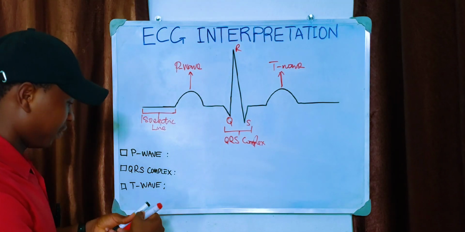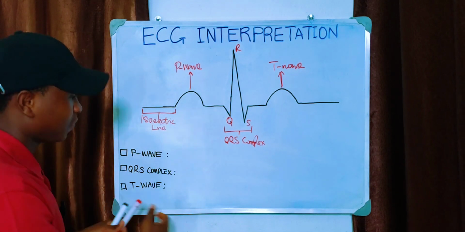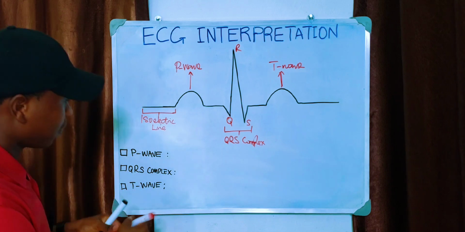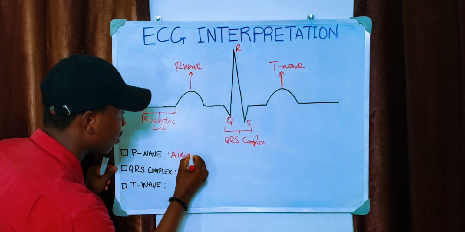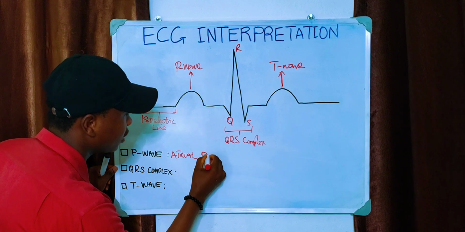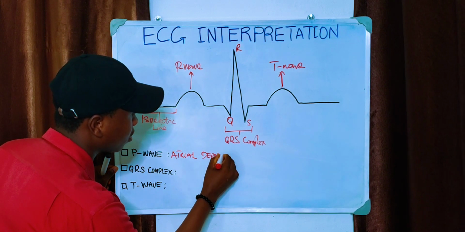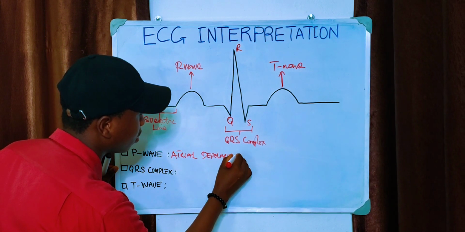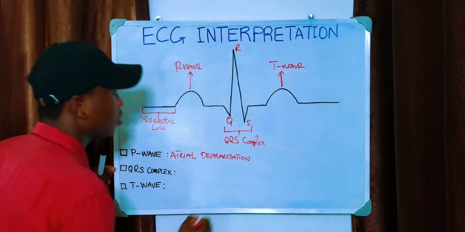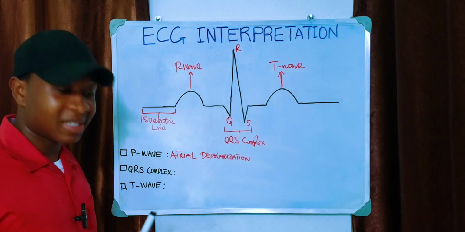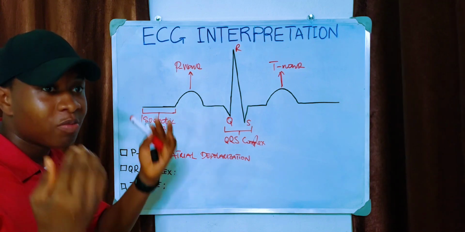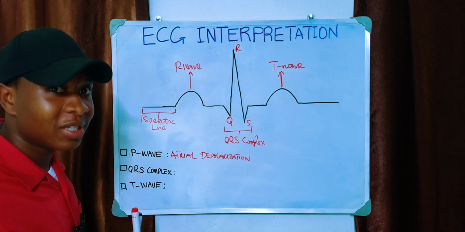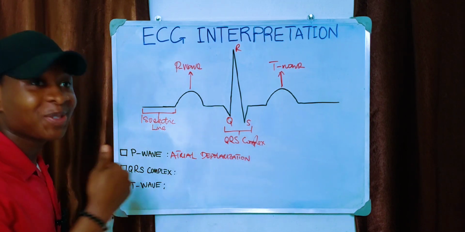Now, the P wave, what does the P wave stand for? The P wave stands for atrial depolarization. So when the atrium depolarizes, the influx of calcium and sodium into the SA node fires that action potential.